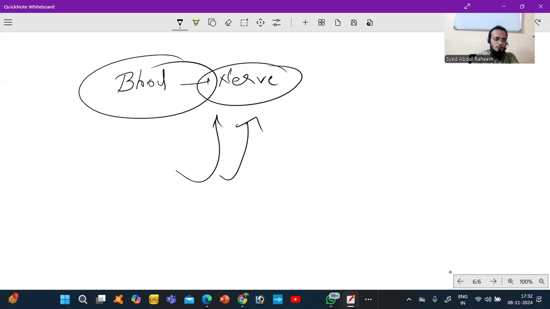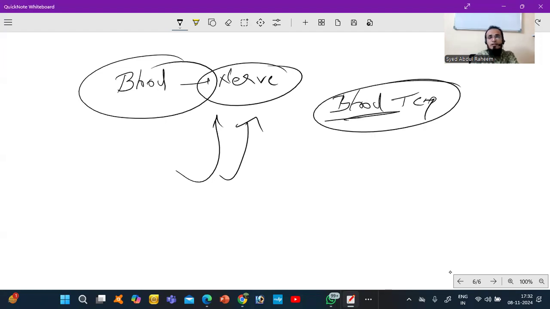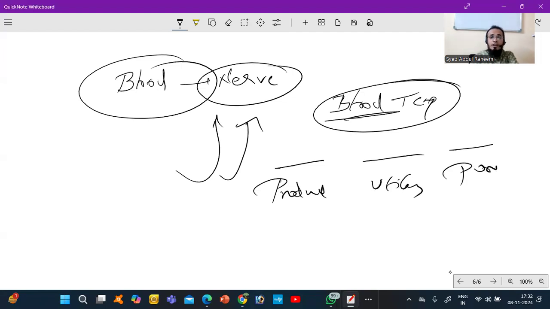So this is a simple diagnosis: trigeminal neuralgia is a blood temperament disease. We have three things: blood producing organs, blood utilizing organs, and blood purifying organs.